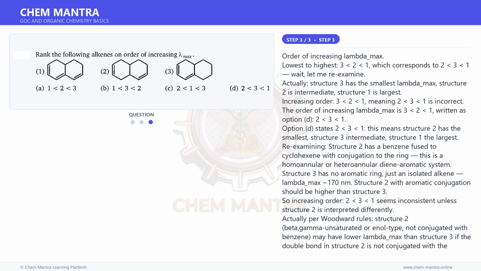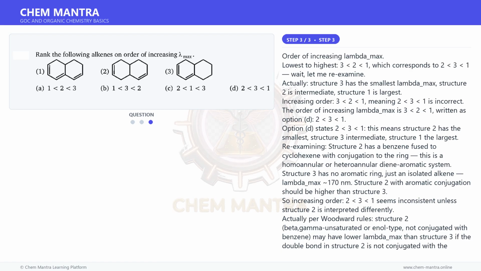Increasing order, 3 to 1, meaning 3-1 is incorrect. The order of increasing lambda_max is 3 to 1, written as option D, 3-1. Option D states 3-1, this means structure 2 has the smallest, structure 3 intermediate, structure 1 the largest.